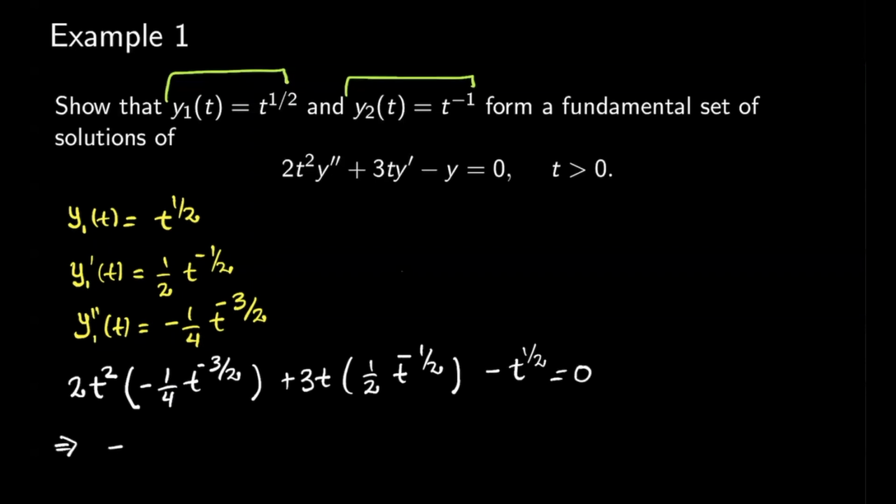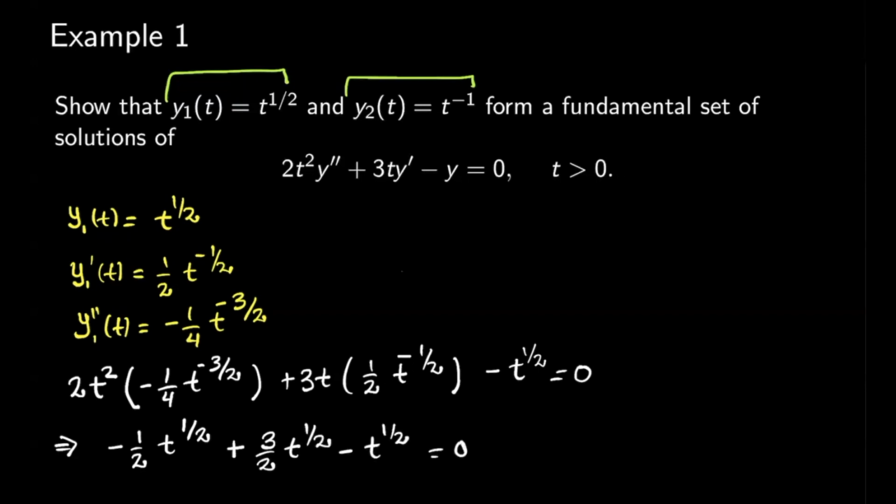This gives you minus 1 half, and t to the power 2 and t to the power minus 3 half is basically t to the power 1 half, because 2 minus 3 half is 1 half, and here you get 3 half t to the power 1 half, and minus t to the power 1 half is equal to 0.